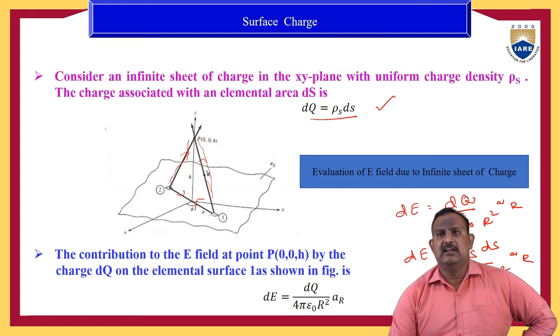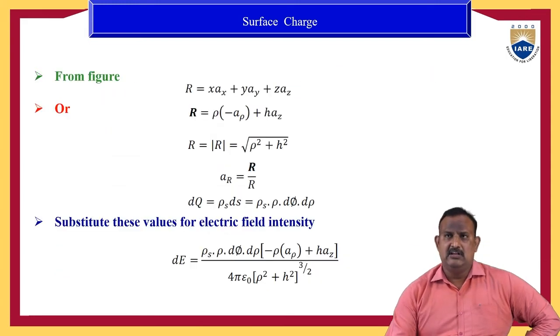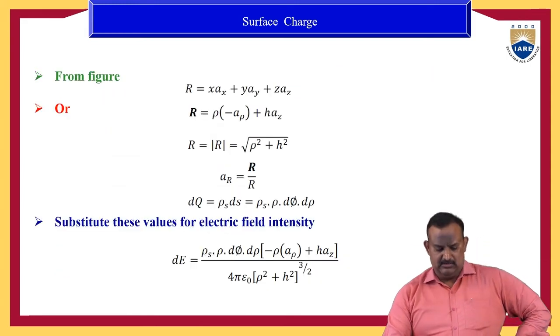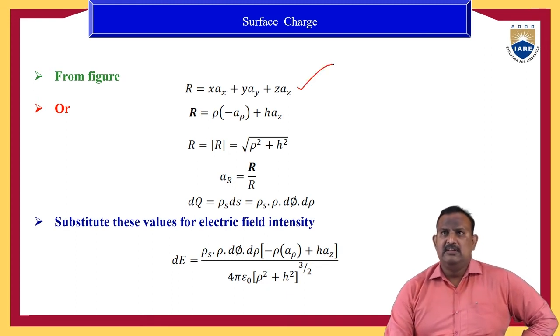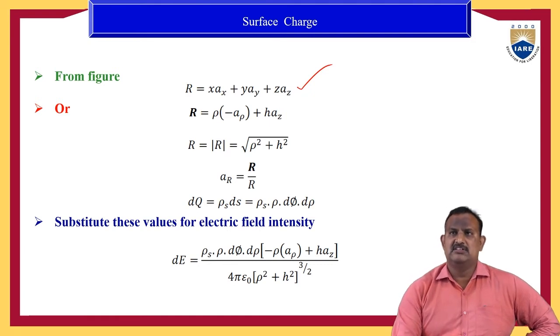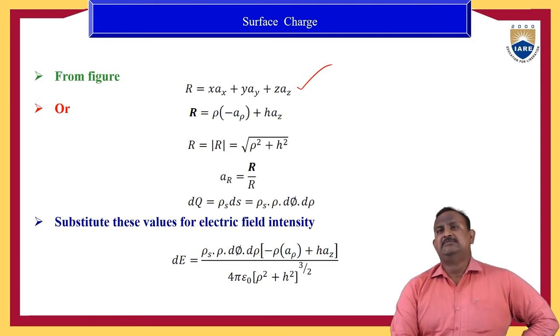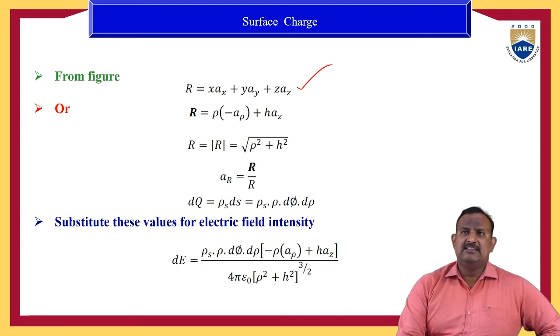According to vector notation, in the Cartesian or rectangular coordinate system, the distance r is equal to xax plus yay plus zaz.